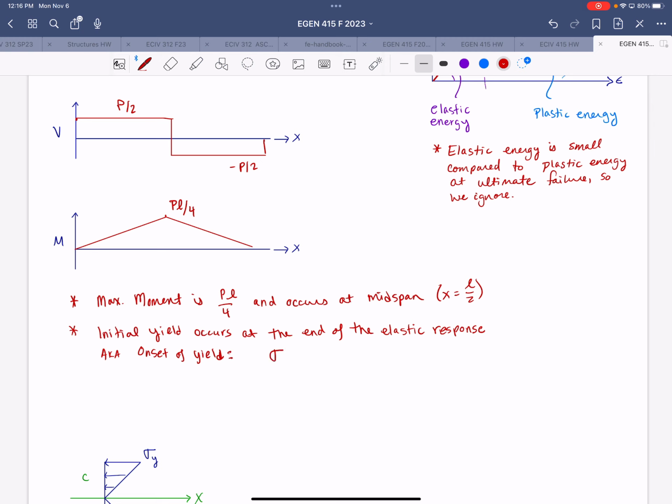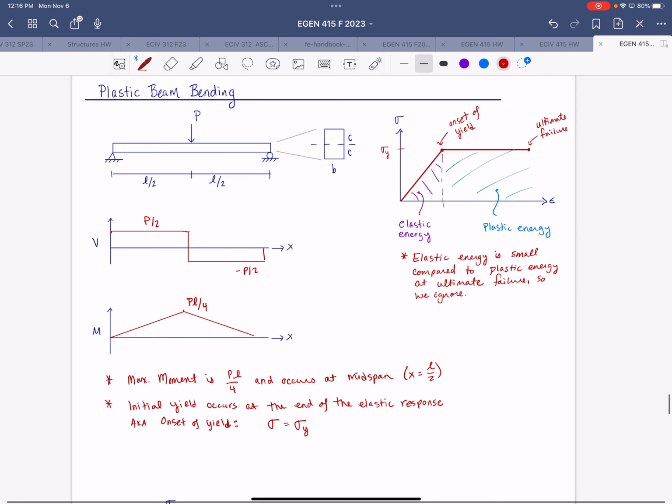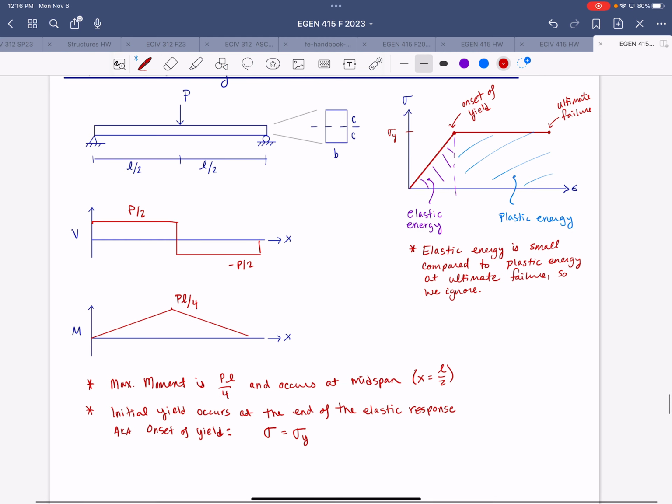So that's where the normal stress reaches a yield stress. And in this context, I guarded against this in the previous lecture, but I didn't in this one. When we're talking about the context of beams, the only relevant stress is in the longitudinal direction, right, for beam bending. So that's your sigma x. So in this context, the sigma y represents the yield stress. Don't confuse it with stress in the y direction.